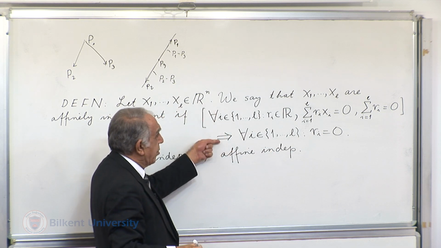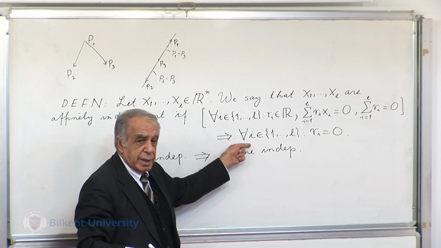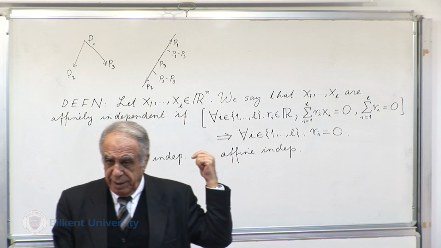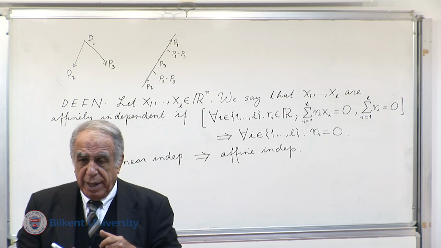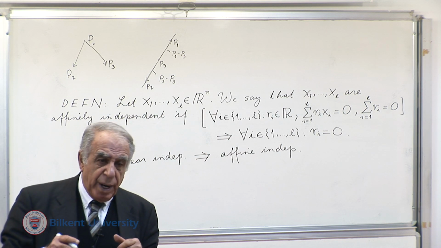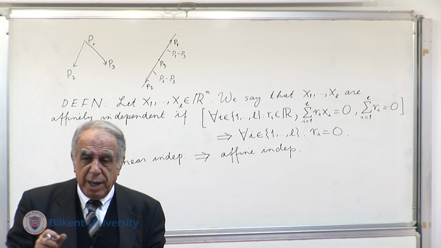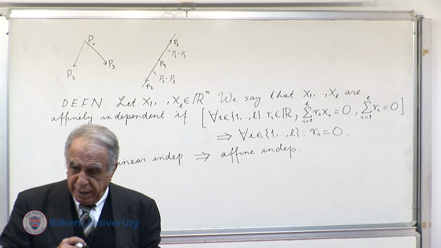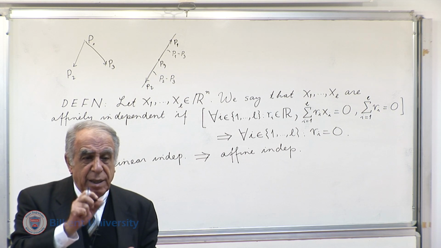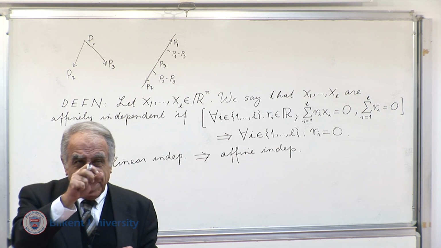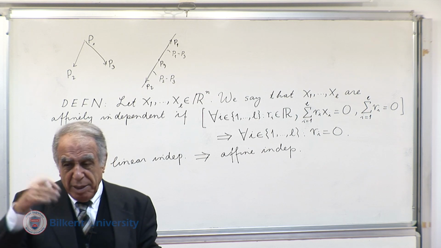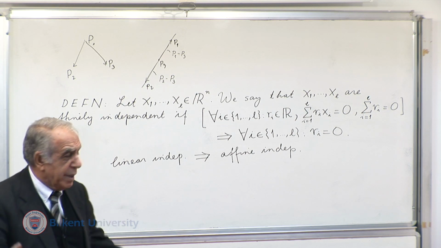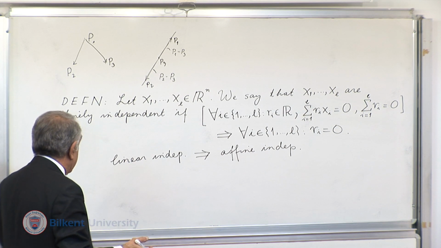Here, P implies Q. Q is the same in both cases, but P is stronger in the affine independence case, while the condition corresponding to that for linear independence is weaker. So P prime being weaker than P, then P prime implies Q is stronger than P implies Q. That's just what that is.